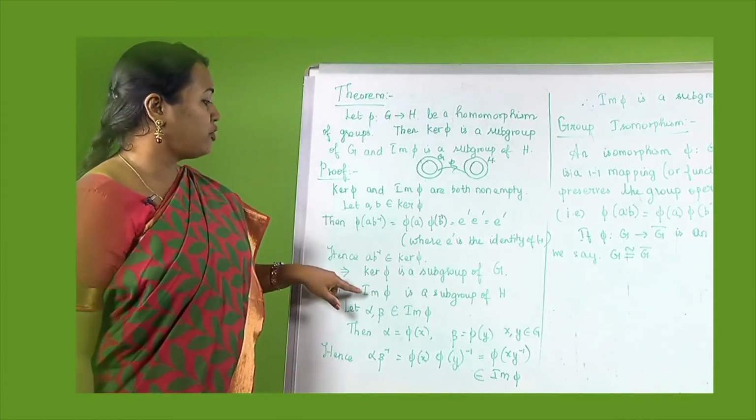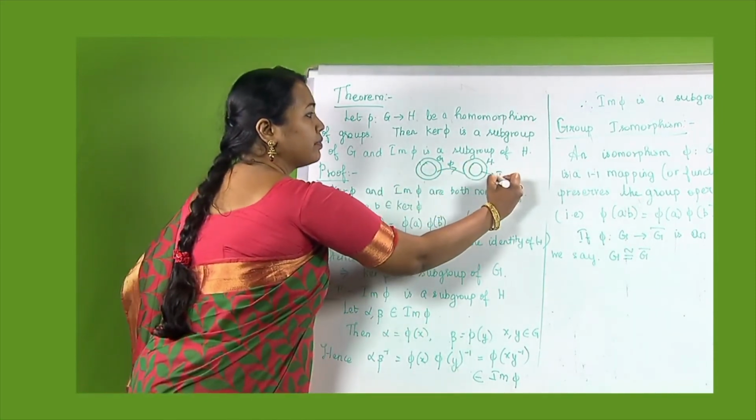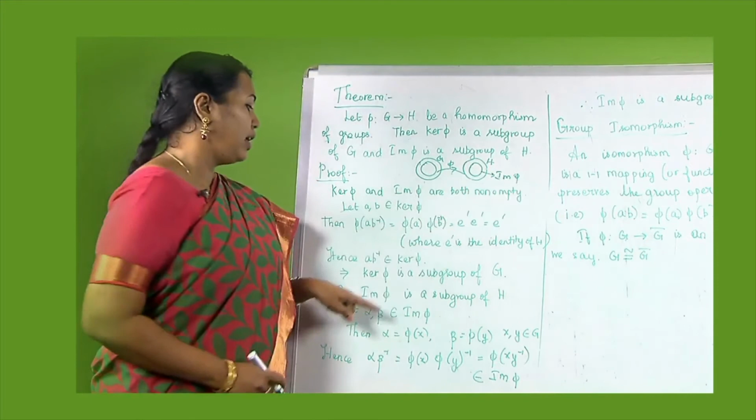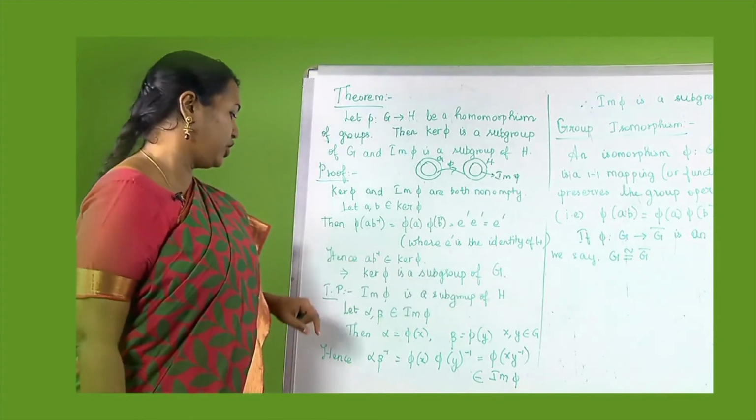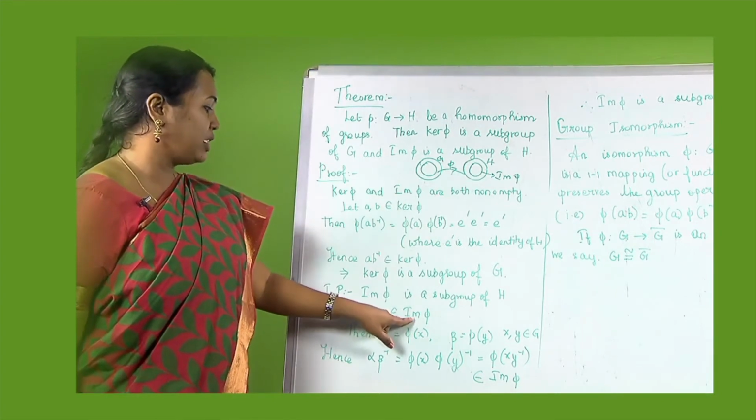Similarly, we have to prove that the image phi, which is actually here, is a subgroup of H. Let alpha comma beta be any two elements in image phi.